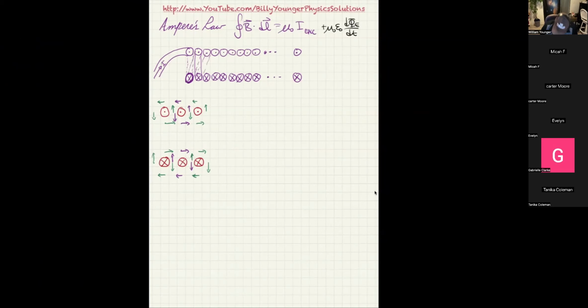What I need you to see is basically that B is approximately 0 in between these gaps, but also out here, because you're not going to have all the magnetic fields from the top wires combining with the magnetic fields from the bottom wires, all except in the center.